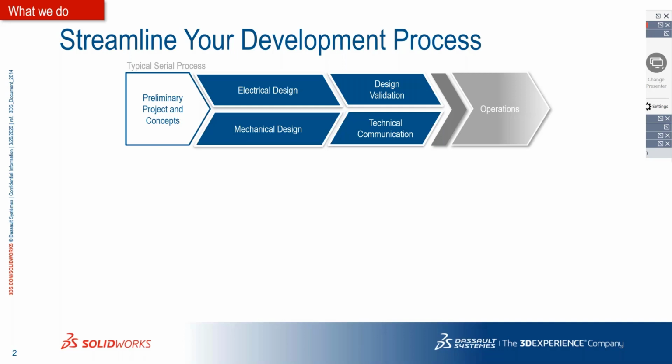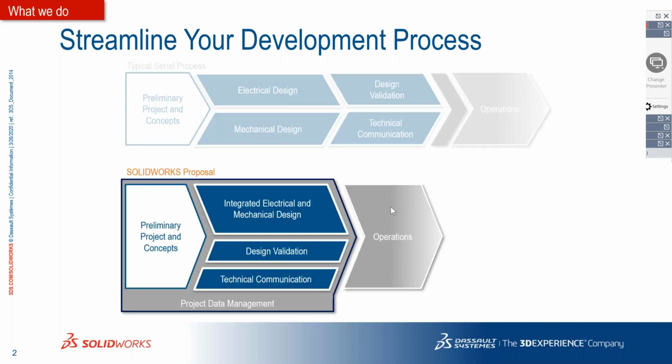In this typical serial process, what happens if there is a change at the end of the design, or if something happens in prototyping? Then the entire thing has to repeat again. So what SOLIDWORKS proposes is a process where your electrical and mechanical design are integrated, not separate, and the design validation and technical communication happen in parallel once the preliminary project and concepts are done, and then it goes to operation.